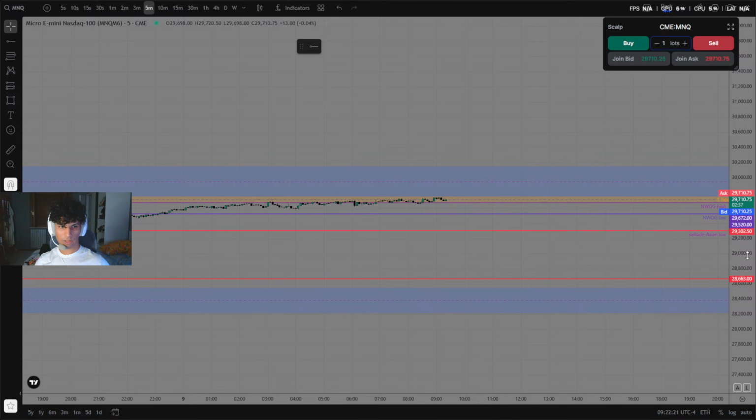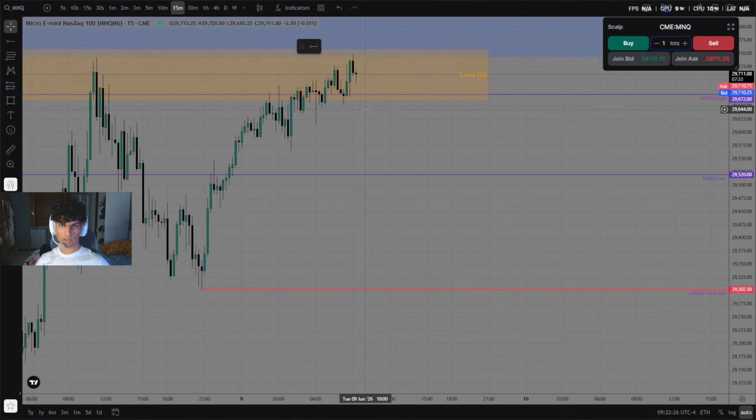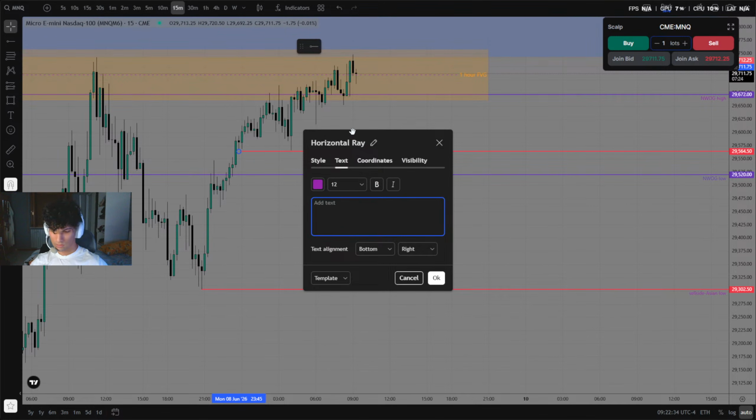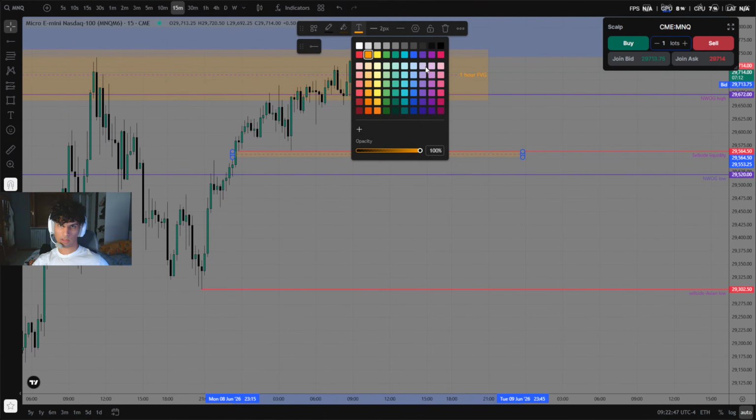Going into the lower time frames, in the 15-minute there is not much to see. Just this sell side liquidity, this one, and there is this fair value gap in the 15-minute, this one.